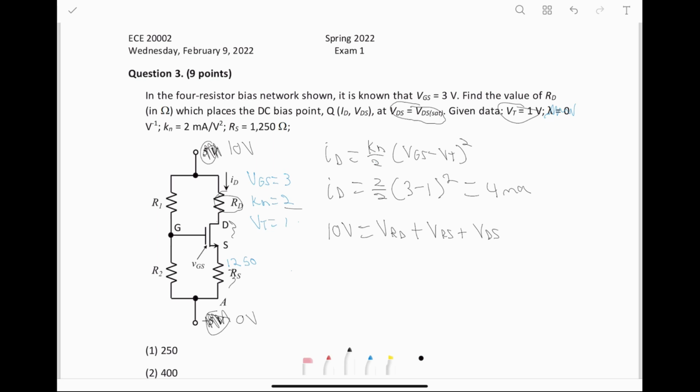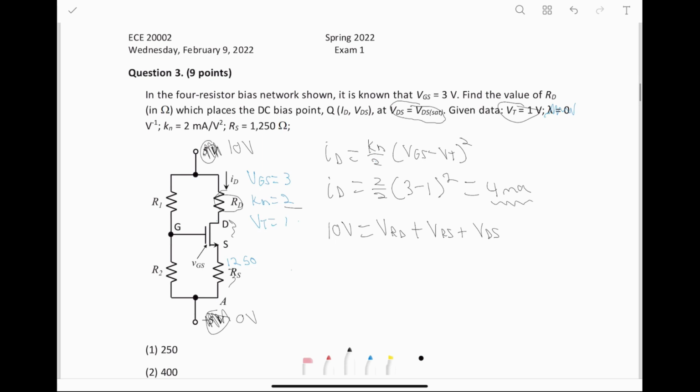Now, we already basically have VRS because we know that ID is equal to 4 milliamps, and we know that RS is equal to 1250, so therefore VRS is just equal to 1250 times 4 milliamps, 4 times 10 to the negative third, which is equal to 5 volts.